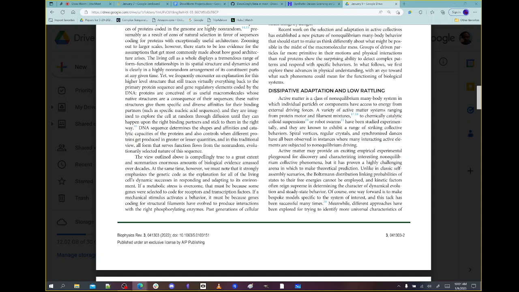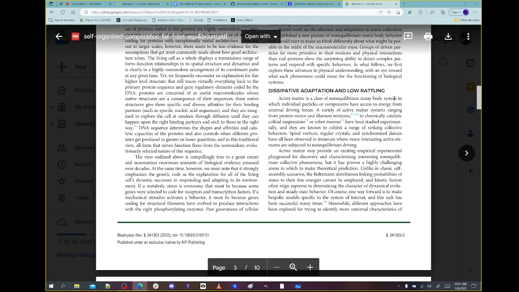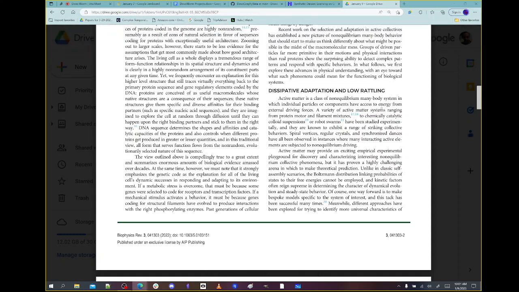Active matter is a class of non-equilibrium many-body systems in which individual particles or components have access to energy from external driving forces. That could mean external energy like the sun or some chemical reactions or something else.